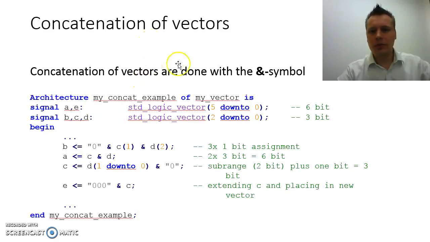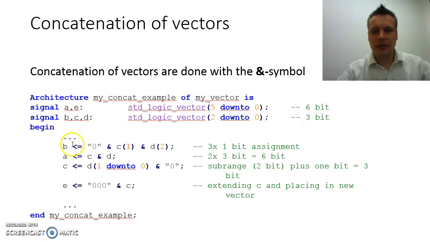It's also possible to join vectors. Like concatenating strings in Excel, for example, we use the ampersand symbol. You can see here a little example where we define some 6-bit and 3-bit vectors and then do some manipulation.